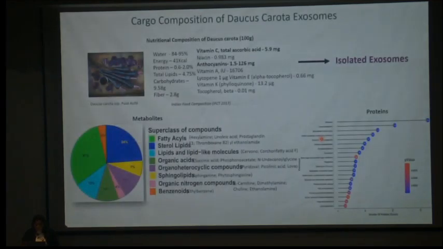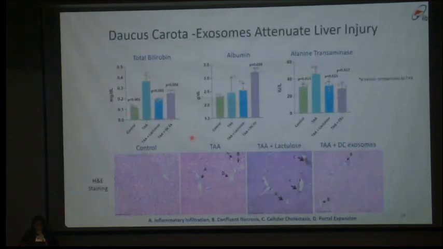So the nutritional composition showed us that they have a high content of anthocyanin, vitamin C, lycopene, and vitamin K. And these are the different metabolites or groups we found. When we looked at the other hepatic injury markers, we found that the bilirubin was significantly low, and so were the ALT levels, and the albumin levels were high.